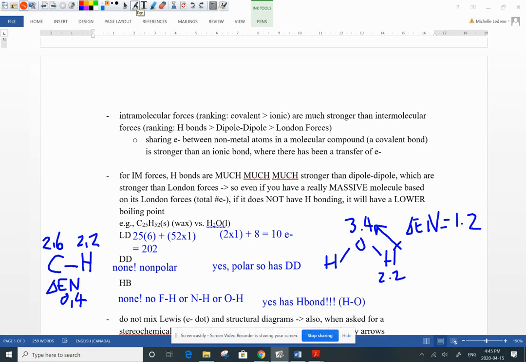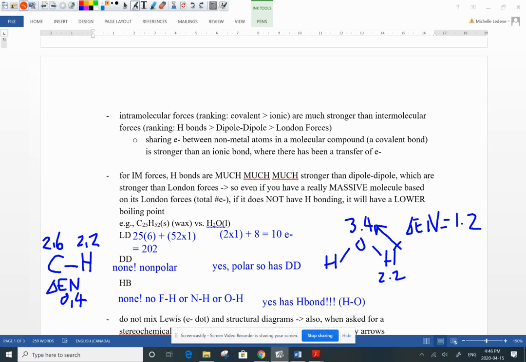So for instance, if you have 2 molecules and you're asked to compare boiling points, hydrogen bonds are going to be much, much stronger than dipole-dipole, and those in turn are even stronger than London forces. So even if you have a huge molecule based on the number of electrons in its London forces, if it doesn't have hydrogen bonding, then even if it's massive, it's going to have a lower boiling point.